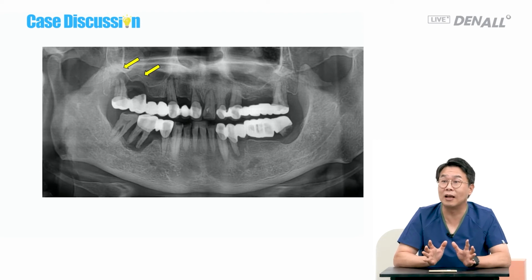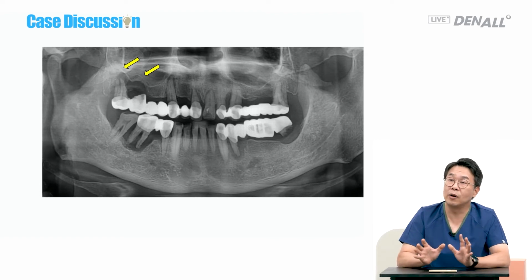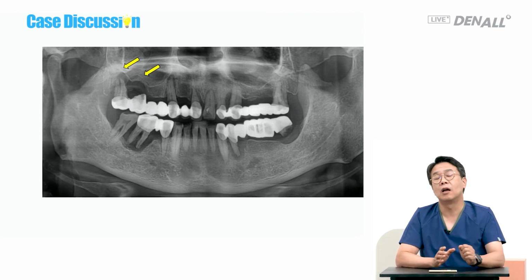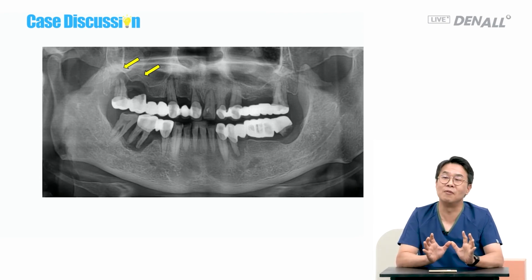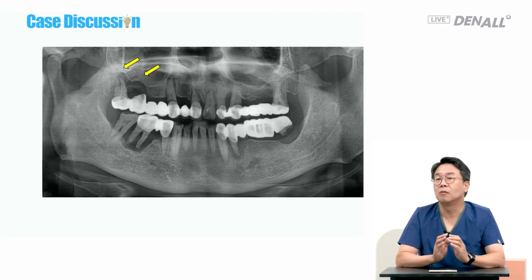I don't think I will place implants after extraction. We need to do something after the extraction. Basal bone, as mentioned before, or if we can do vertical augmentation, we need to do that.